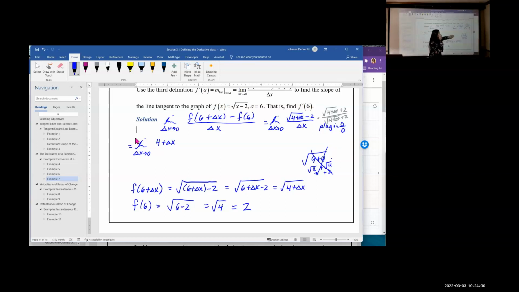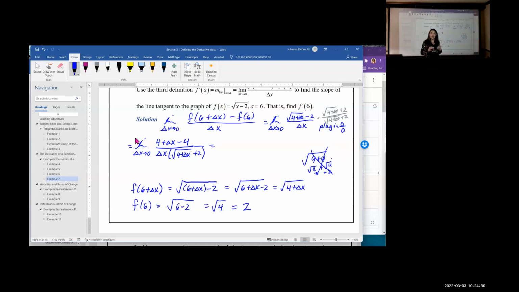On the outside, I get a positive 2 times the radical. On the inside, I get a negative 2 times the radical, so they cancel. And then I have negative 2 times 2, which is minus 4. Then I'm going to divide this, and I'm going to leave the denominator in its factored form. Delta x times quantity, radical 4 plus delta x, then plus 2.